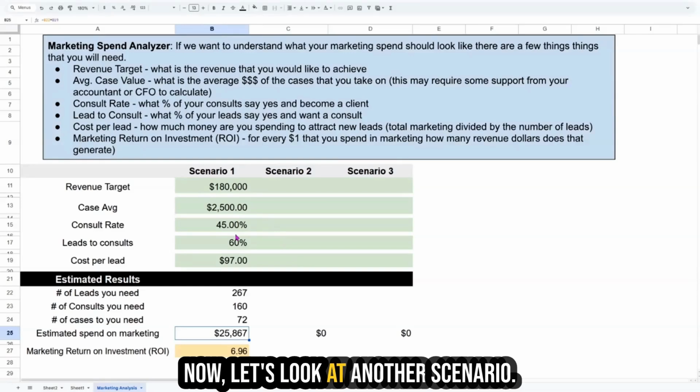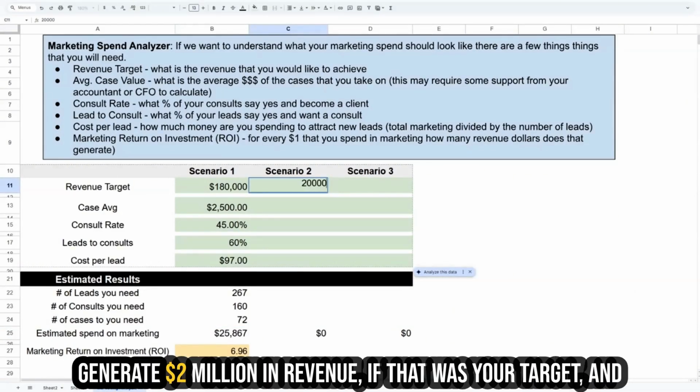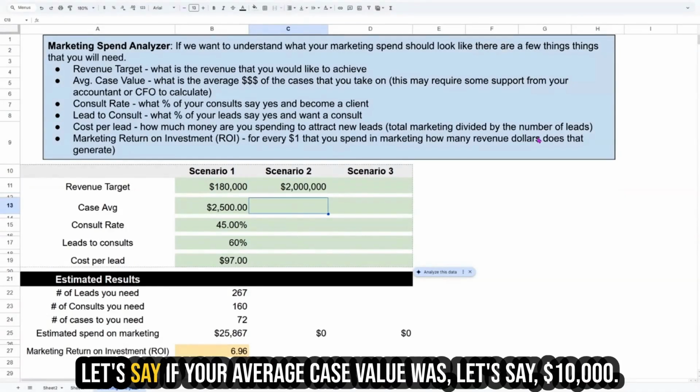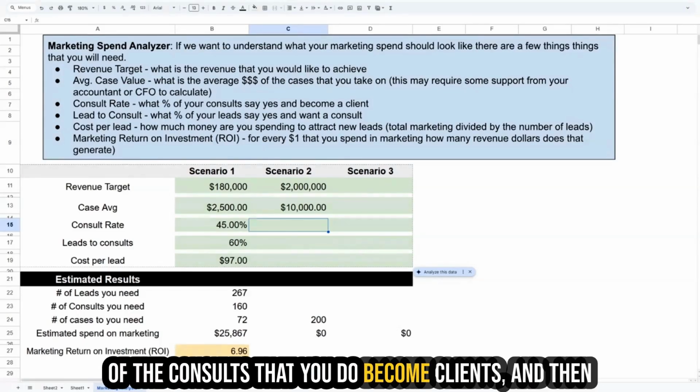Now, let's look at another scenario. Let's say you wanted to generate $2 million in revenue for the entire year, if that was your target. And let's say your average case value was $10,000. And then let's say your consult ratio was 50% of the consults that you do become clients.